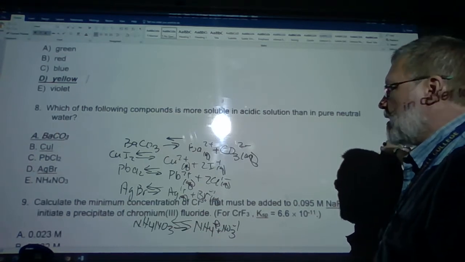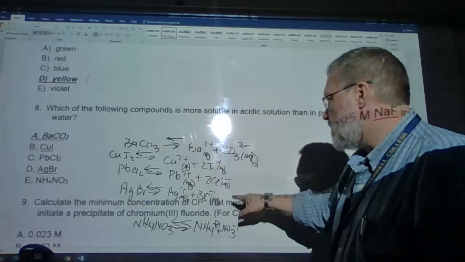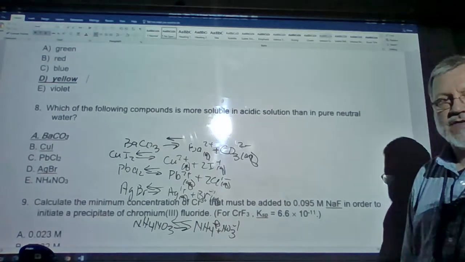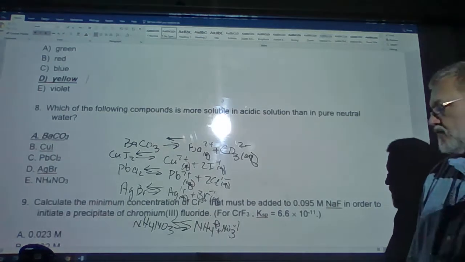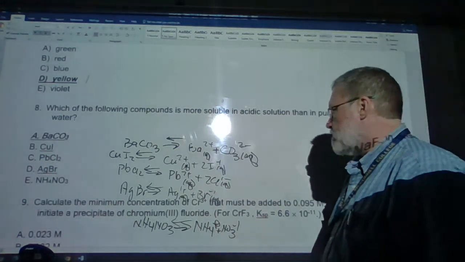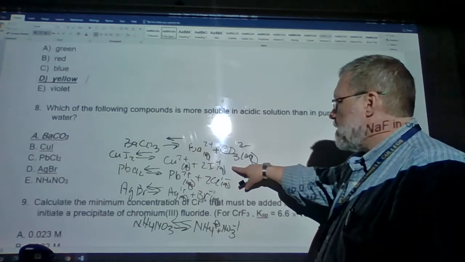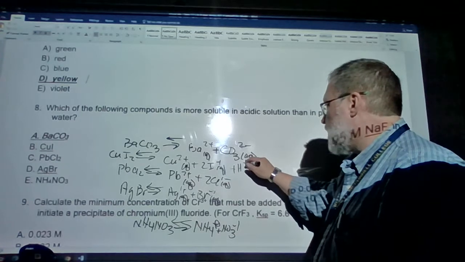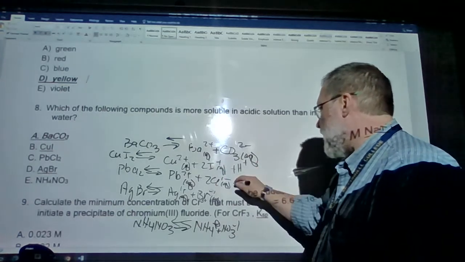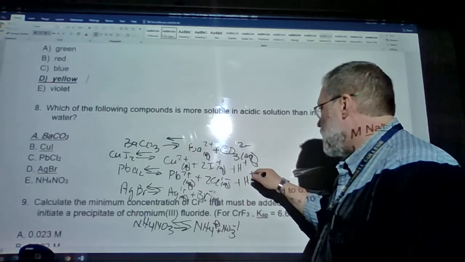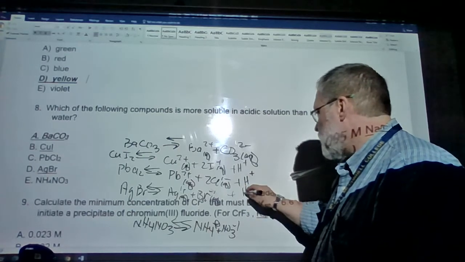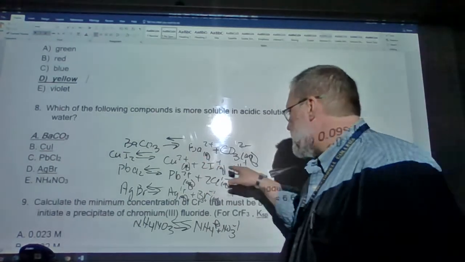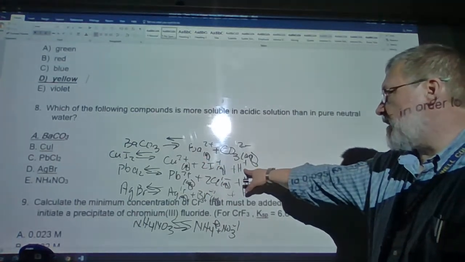Well, let's look at the I minus, the Cl minus, the Br minus, and the NO3 minus. If we add acid, H plus, to the copper iodide, or to the lead chloride, or to the silver bromide, the copper is not going to react with the H plus.